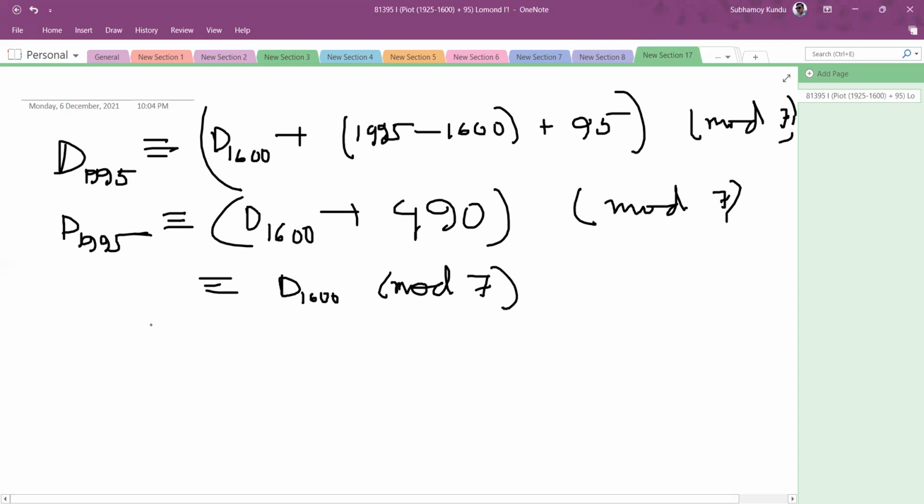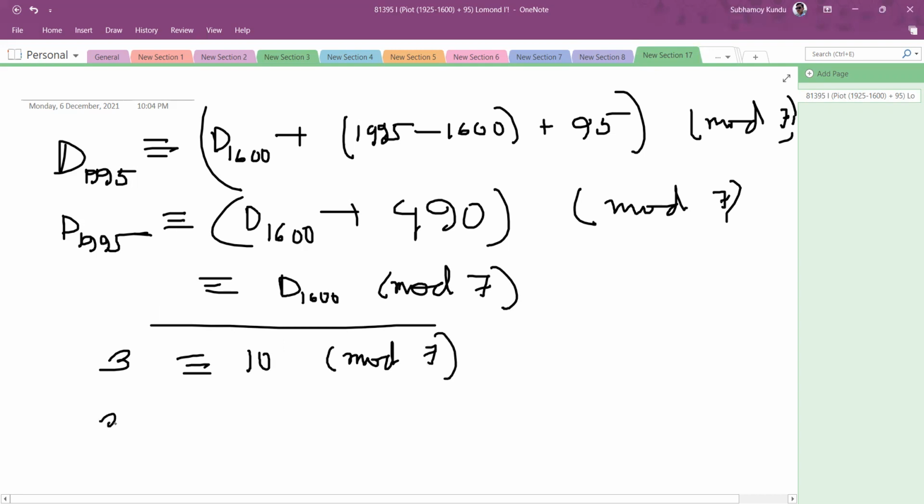Like we have discussed now, 3 and 10 are congruent modulo 7, and 3 and 17 are also congruent modulo 7. That's what we have used, right? What is 17?